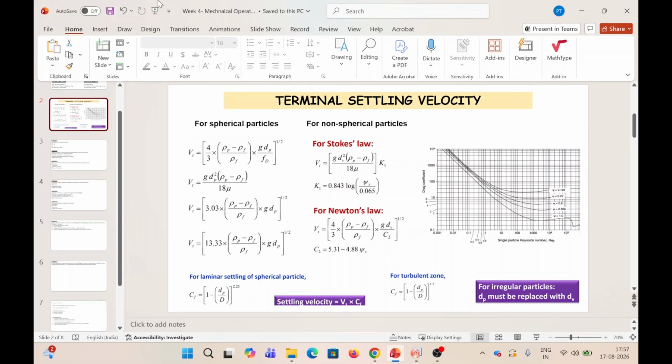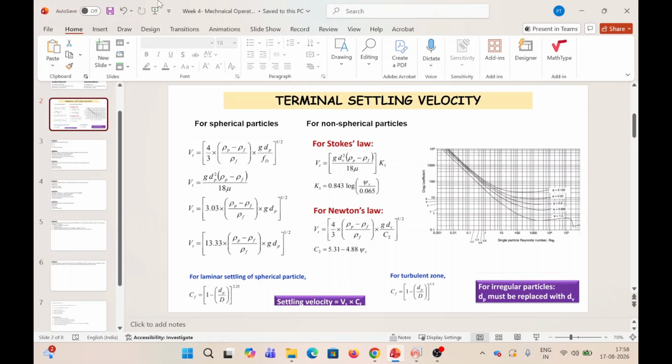You have a mixture of particles, and each particle is going to interfere with the flow of the other particles in the fluid. The surrounding particles interfere with the flow of a particle in the fluid, and this is called the hindered settling condition, and the velocity of the particles is called the hindered settling velocity.